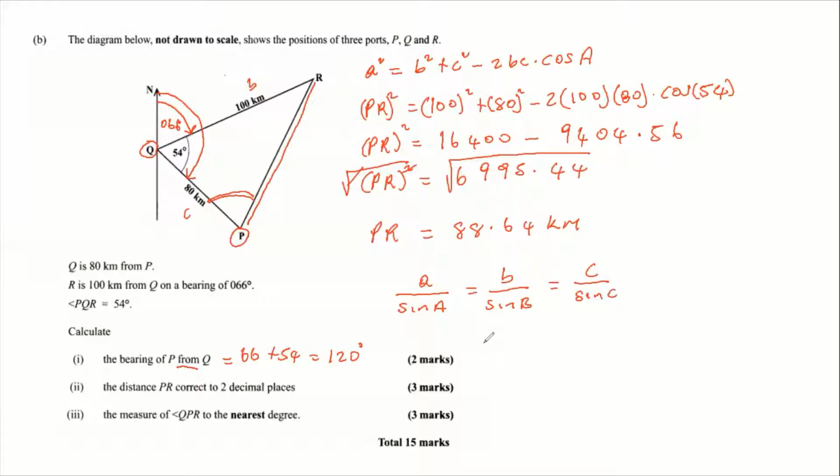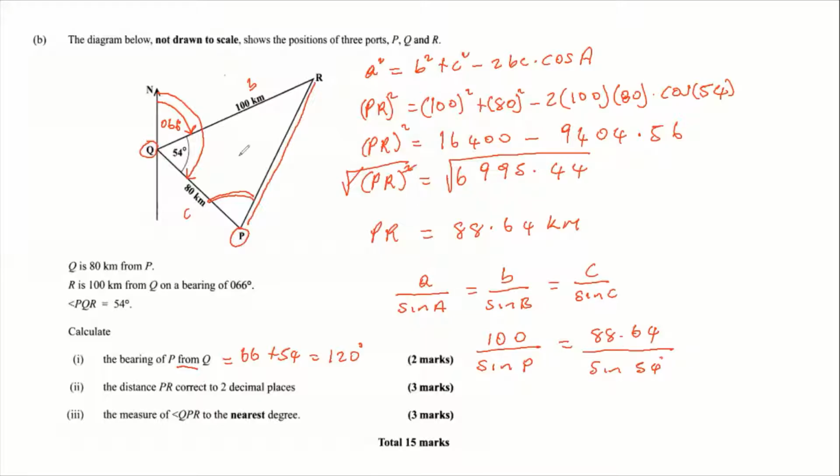So we could see then that is going to be 100 over the sine of P. And let's use P for the angle, all right? The sine of P, that's what we want to find, is going to equal to, we know this side and we know this angle. So that's just going to equal to 88.64 over the sine of 54 degrees.